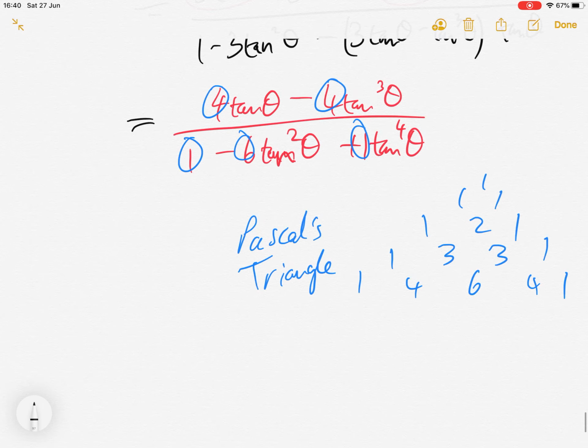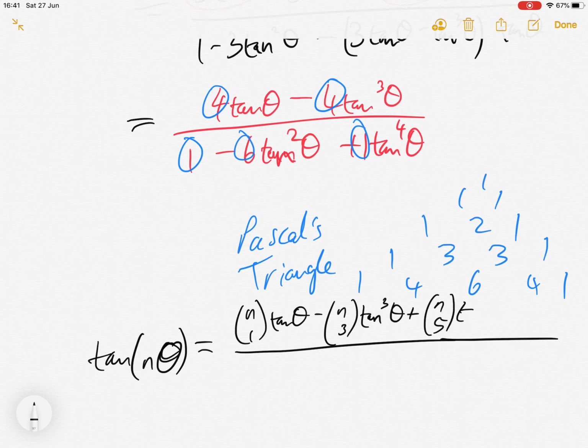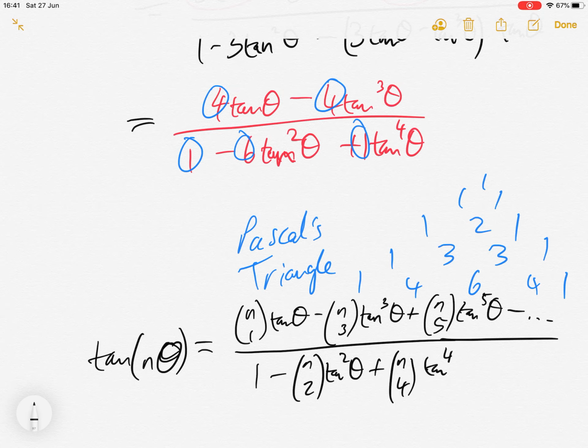But in general, it can be proved, and I have proved, that tan n theta is given by n choose 1 tan theta minus n choose 3 tan cubed theta plus n choose 5 tan to the 5 theta and so on, over 1 minus n choose 2 tan squared theta plus n choose 4 tan to the 4 theta and so on.